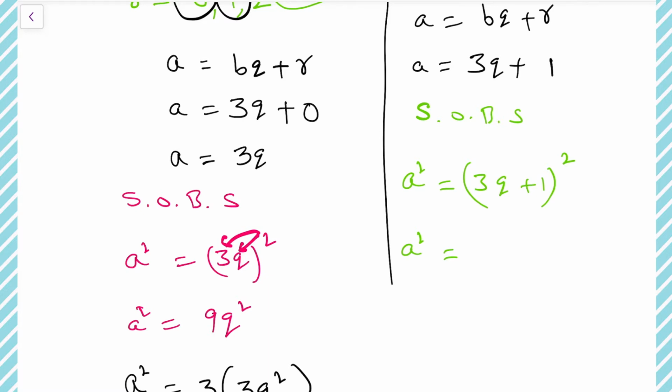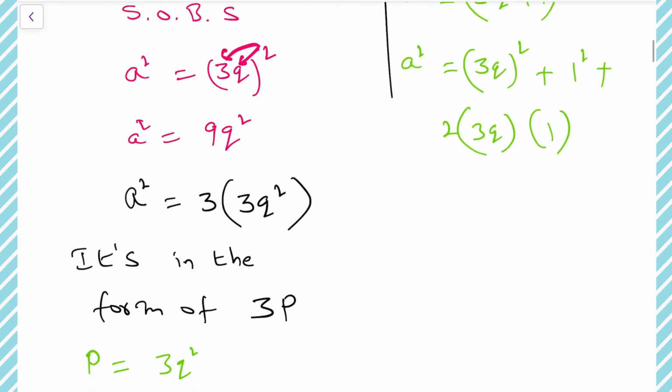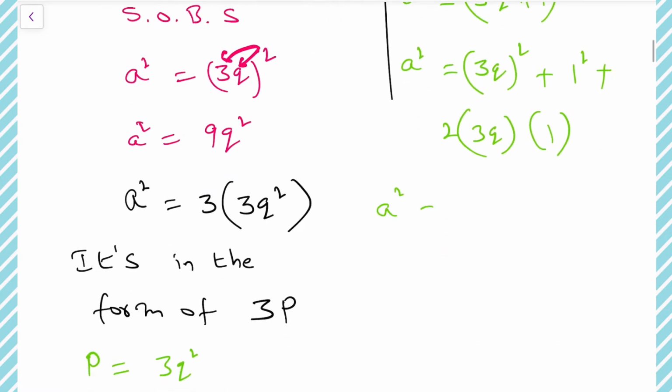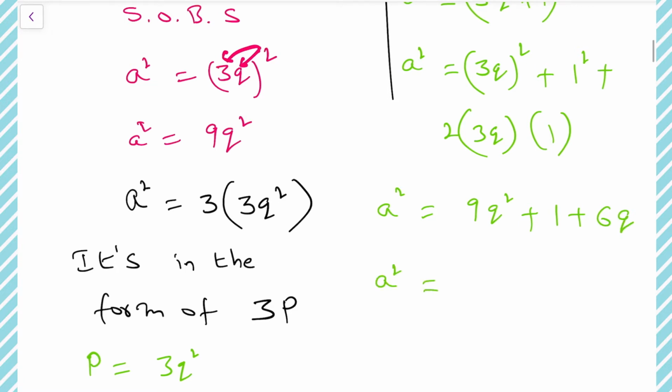If we expand it, a square plus b square plus 2 into a into b. So we get a square equals 3q square, 9q square, plus 1 square is 1, plus 2 into 3q into 1, 6q. So now what I will do is, a square equals 9q square and 6q, both I will write together. So 9q square plus 6q, and this 1 I will write last.